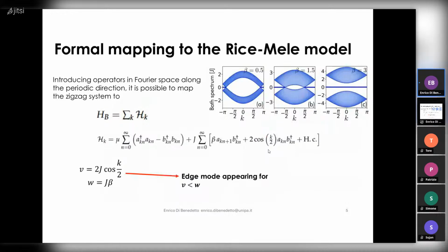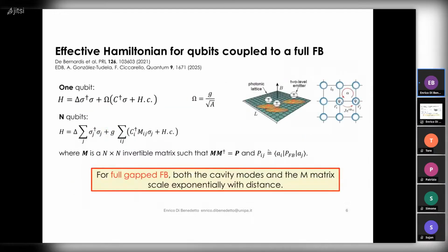So before studying the coupling of a qubit to a partial flatband, as in this case, we might try to summarize what happens when you couple a qubit to a full flatband. Now, some years ago an effective way was introduced to describe the coupling of qubits to a single flatband.